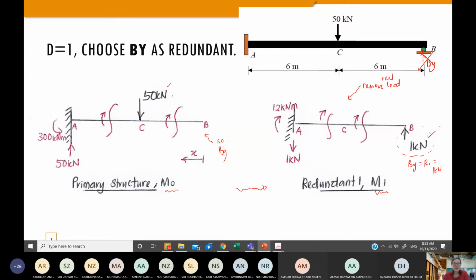If you're okay to create this M0 and M1, the next thing is, because we want to get the compatibility equation done, and all these displacements require moments, you need to determine the bending equation or bending function. So we need to cut sections for this primary system and redundant system. Let me cut this.